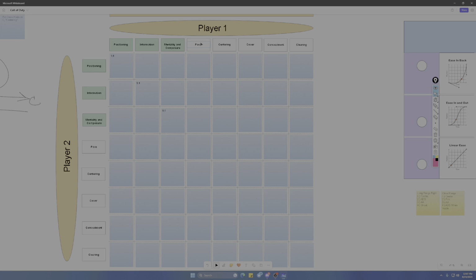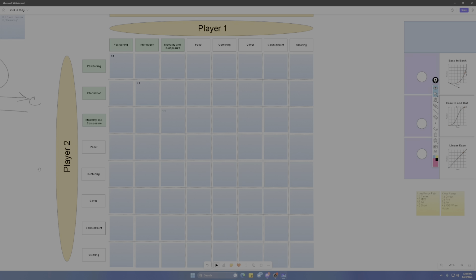So you can't pace in the game faster than you can have positioning, information, and mentality. You're just going to get waxed. So you really need to use mentality, information, and positioning to unlock your pace.